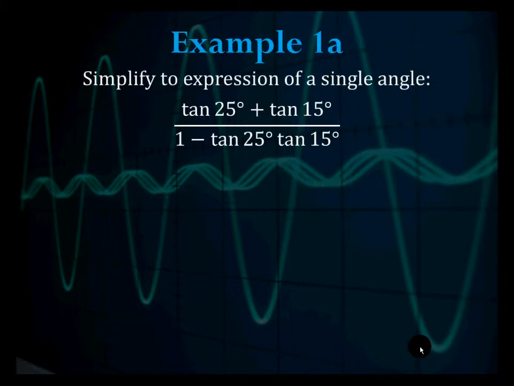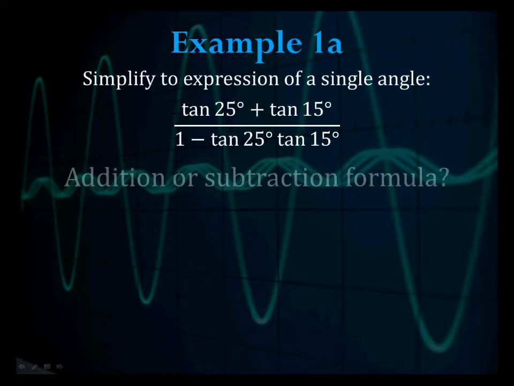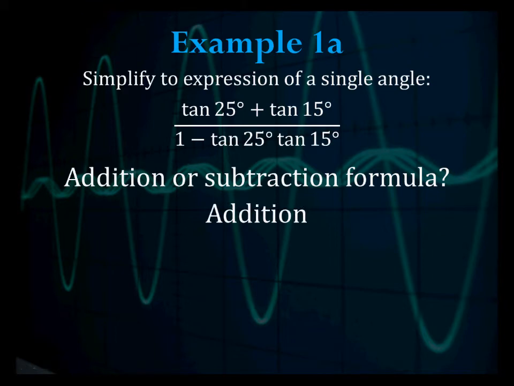Simplify this expression to a single angle. So tangent of 25 plus tangent of 15 divided by 1 minus tangent 25 times tangent of 15. So the first thing you want to do is figure out which addition formula we are using here. Well, you can see an addition sign in the numerator, which tells you that whether it's addition or subtraction, it is the addition formula.